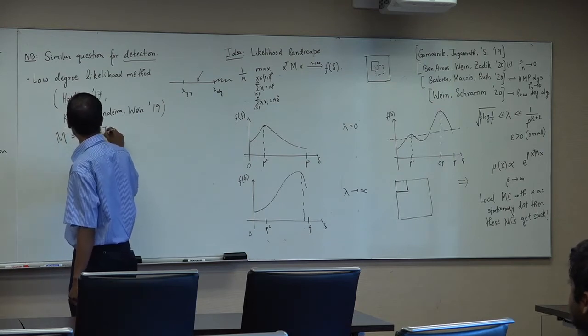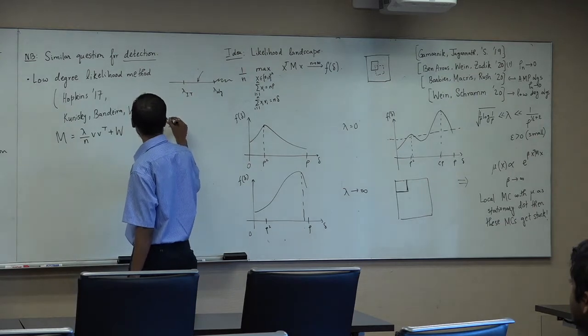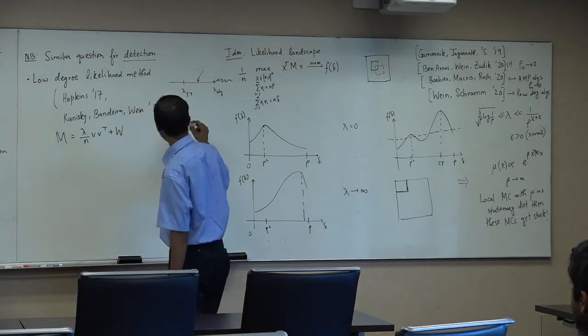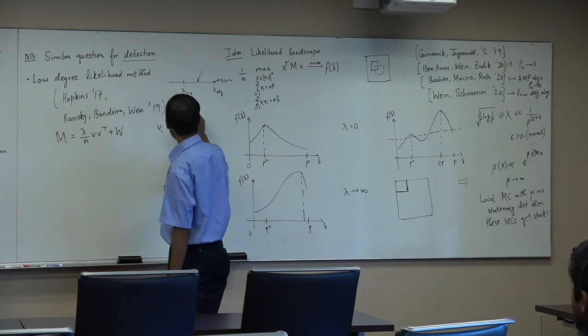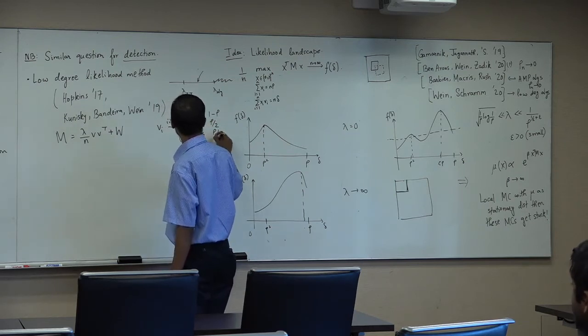So you can look at this problem, but now I change the distribution on the v_i's. So it's 0 with probability 1 minus rho, 1 with probability rho over 2, and minus 1 with probability rho over 2.